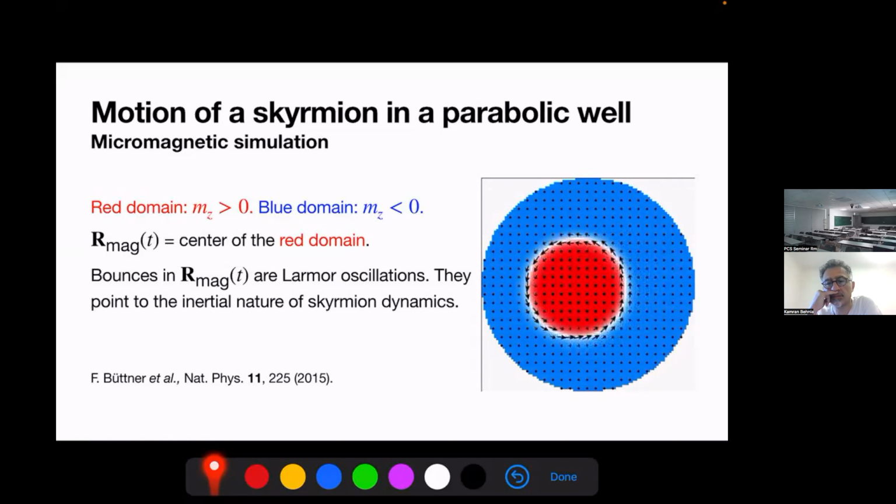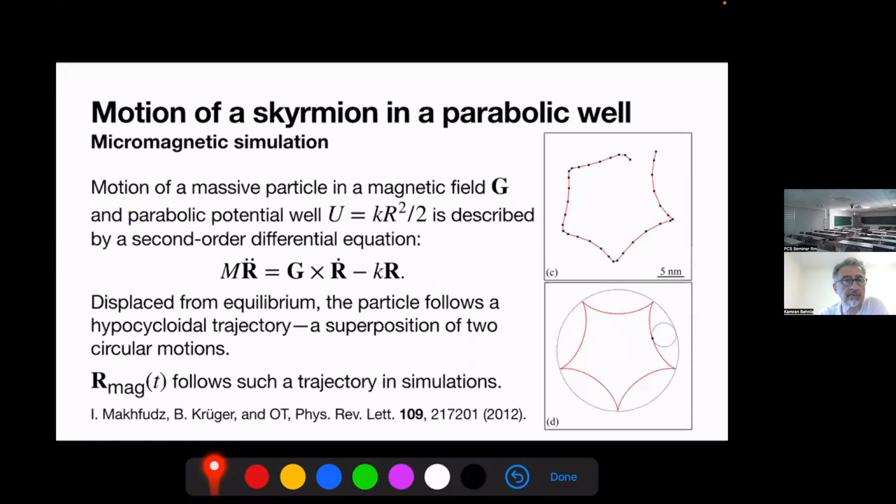And again, as experimentalists, they used the simplest measure to determine the position of the skyrmion, which is the weighted longitudinal magnetization. So roughly speaking, you just follow the center of this red bubble, and that's the center of your skyrmion. And this dynamics, as you can see, has some sort of oscillations, which are precisely the Larmor oscillations.